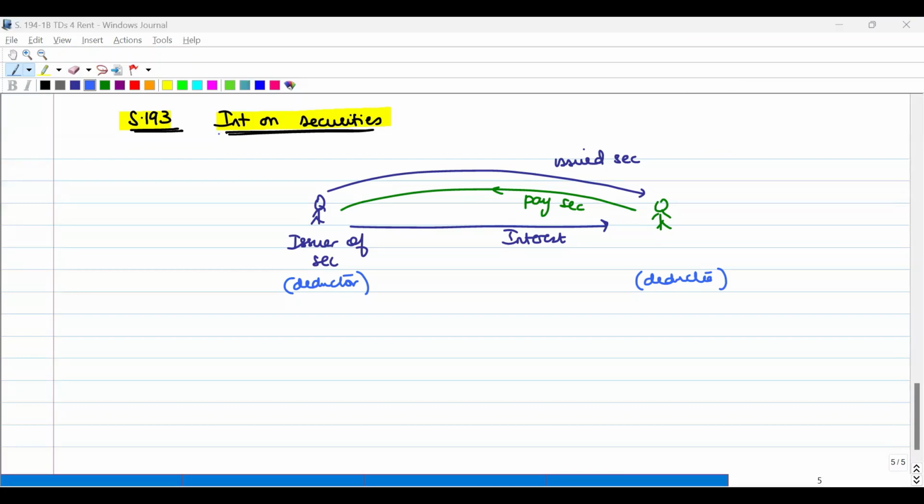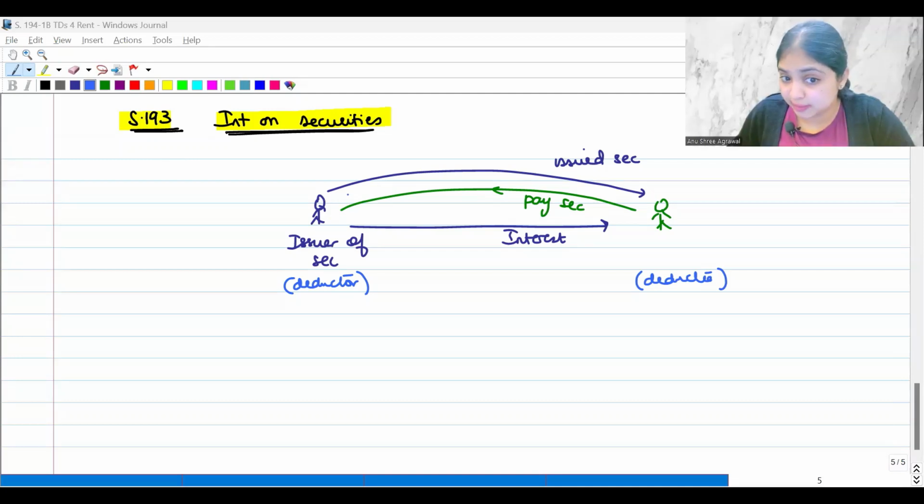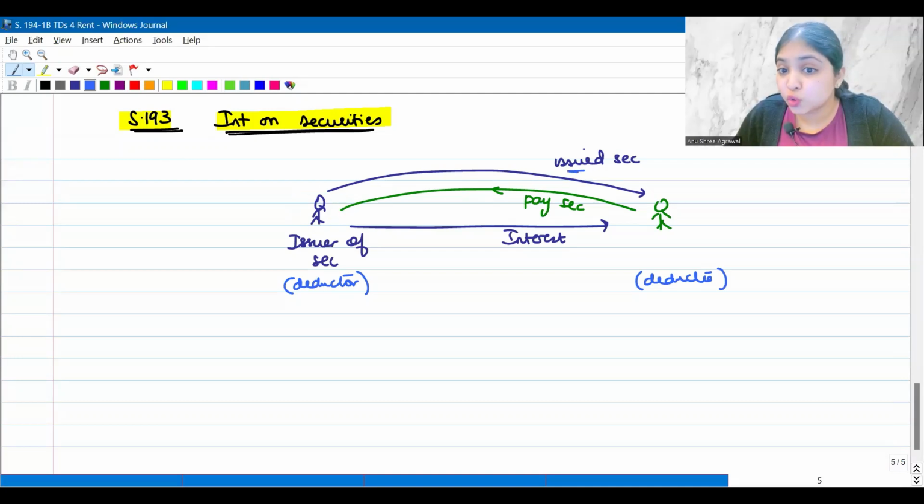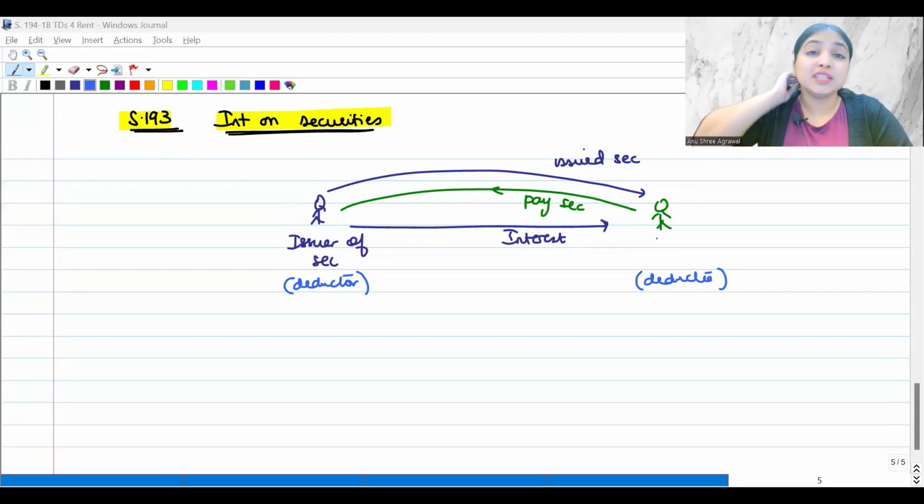Under section 193 we have on one side the issuer of securities, that is the person who has issued the securities, and on the other side we have the person who has invested in the securities. Let's say Blue Limited has issued some debentures to Green. Blue Limited is going to pay interest on these debentures to Green. So this becomes interest on securities, and this is what I am covering under section 193.